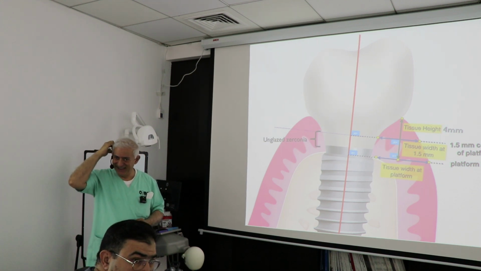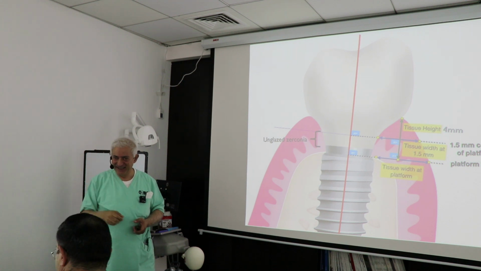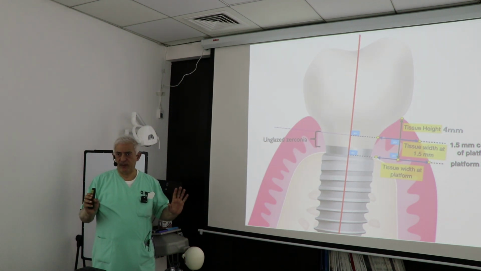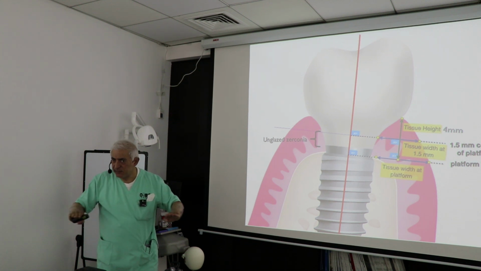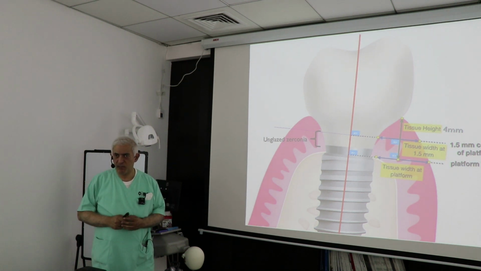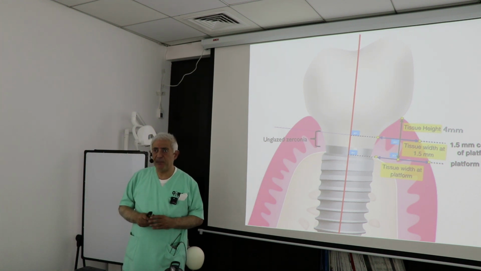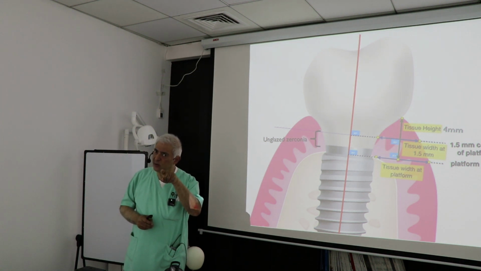No, go ahead. The question now, just to make a point about that: if I have 2 millimeter soft tissue and I go 2 millimeter deep in the bone, I will not lose that 2 millimeter of bone. This is the basic. If I go 3 millimeter in the bone, I will not lose this 3 millimeter. But then you go 4, you might lose 1.